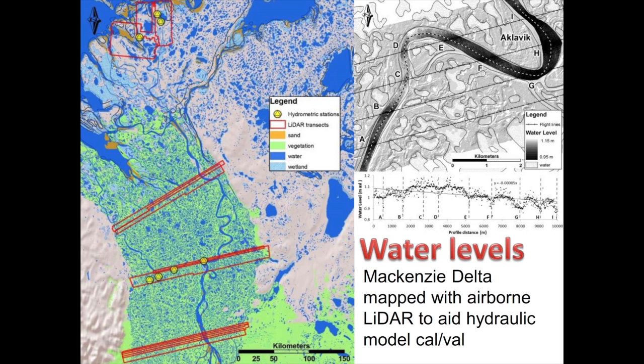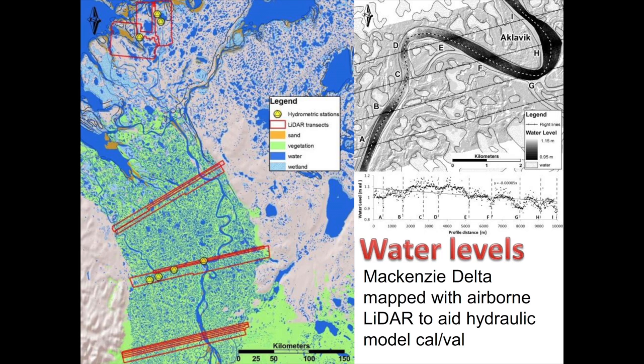One application that really hasn't been utilized very much, and is still somewhat experimental, is the utilization of LiDAR for water level assessment. And this probably is not a particularly commercial application, but it does have some research value. This slide just illustrates a study we did over the Mackenzie Delta back in 2008.